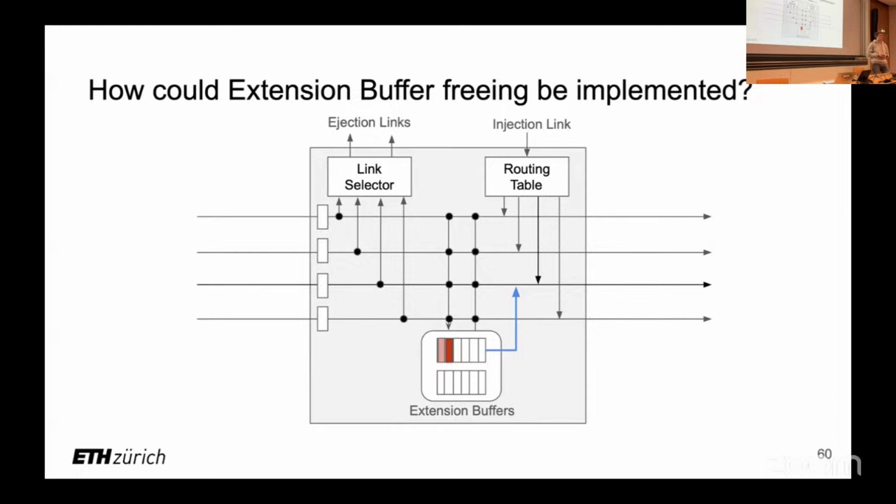But we cannot use the exact same injection process, because while injecting a long packet, you reserve an extension buffer, and so we would have to reserve another extension buffer. And we know for sure that they don't do this, because after determining the number of extension buffers, they only have one extension buffer. So they cannot even get a new one.